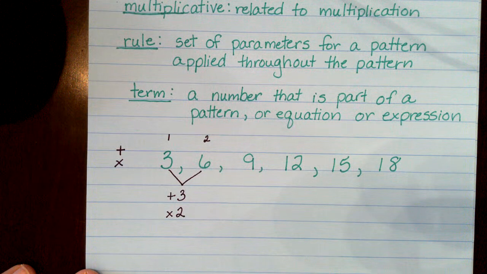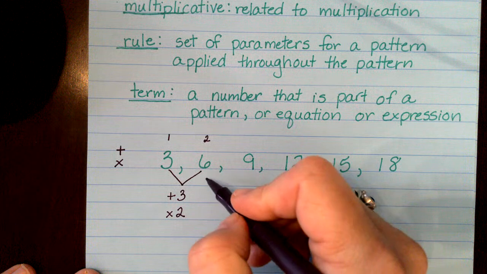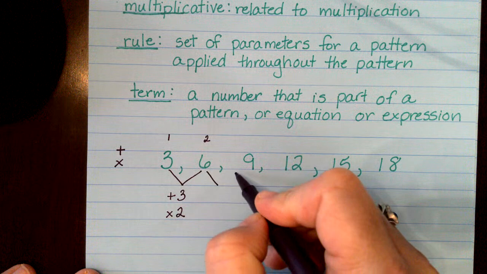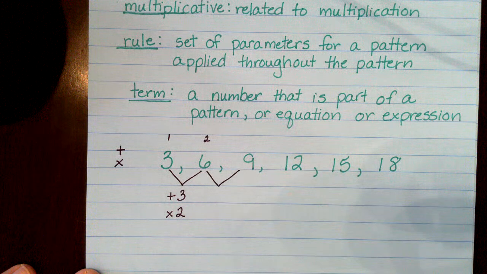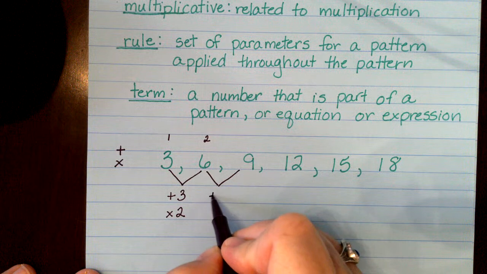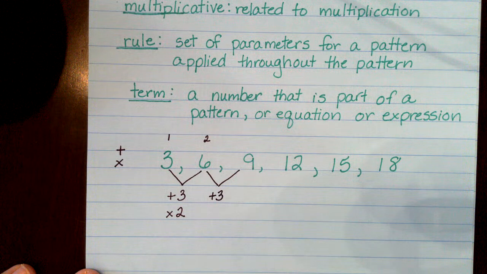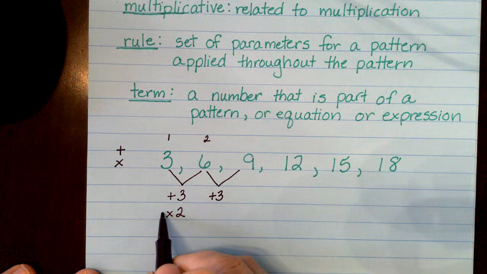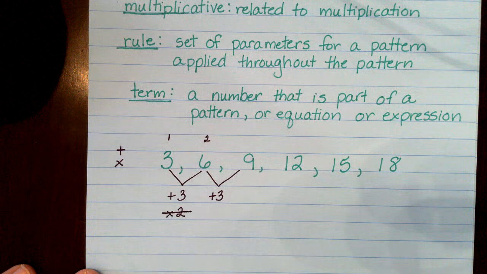The way that we make this decision is we look at the next set of terms in the pattern. 6 plus 3 is 9, so plus 3 definitely applies here. But 6 times 2 does not work here because 6 times 2 would be 12. So we can eliminate the times 2.